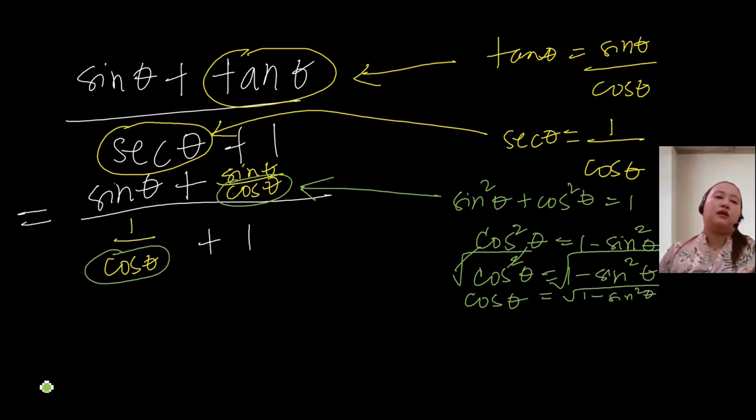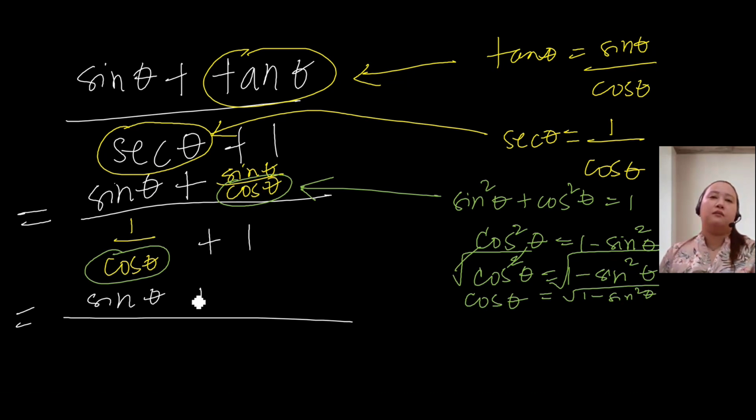So we can already substitute it here. So we have equals sine theta plus sine theta over the square root of 1 minus sine squared theta. That's it.